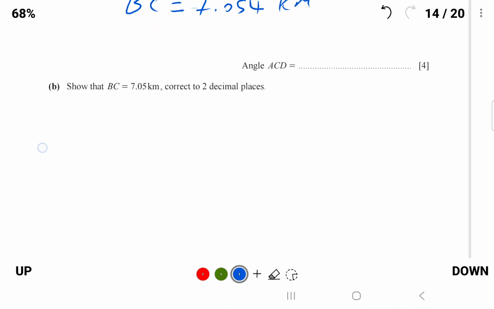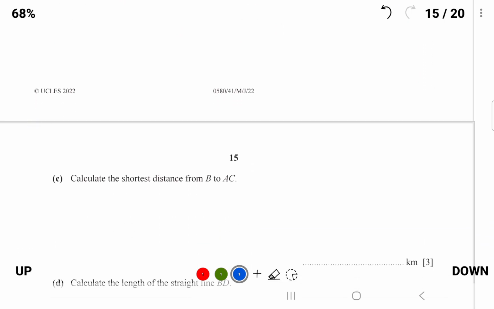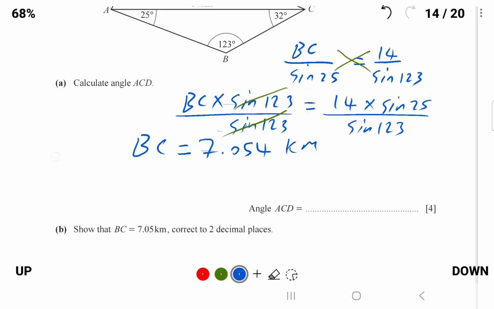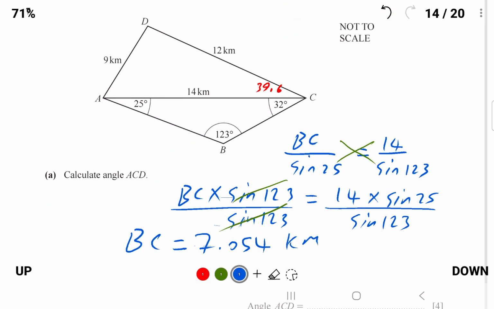Next one, question C. Calculate the shortest distance from B to AC. Shortest distance from B to AC must be the perpendicular distance, like this. That is the shortest distance.